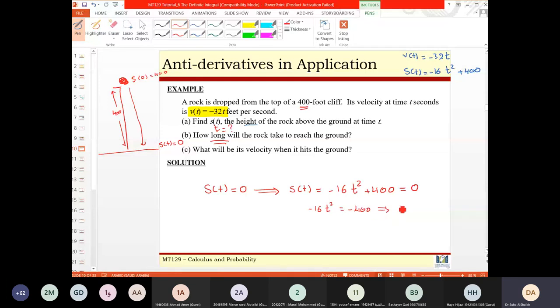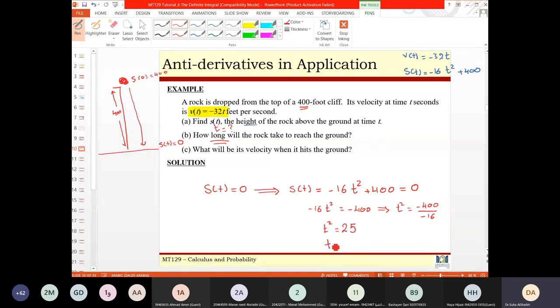And this means T squared is equal to minus 400 divided by minus 16. How much is this, please? Please help me. 400 over 16 is how much? Exactly, it's 25. Great. So it's equal to 25.